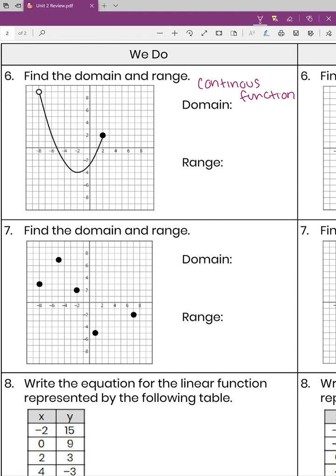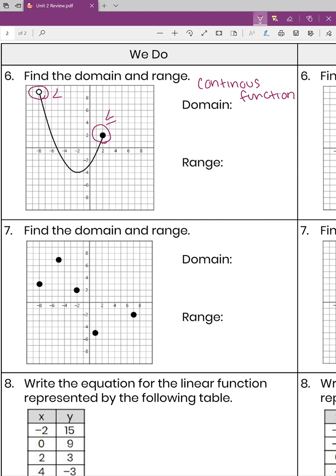Since we see an open dot right here, we know this is going to be less than. And since we see a closed dot here, this is going to be less than or equal to.